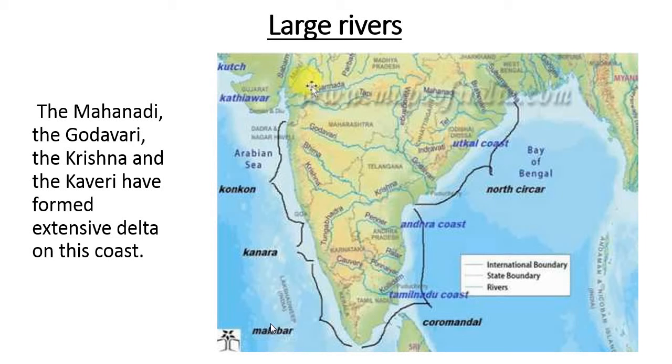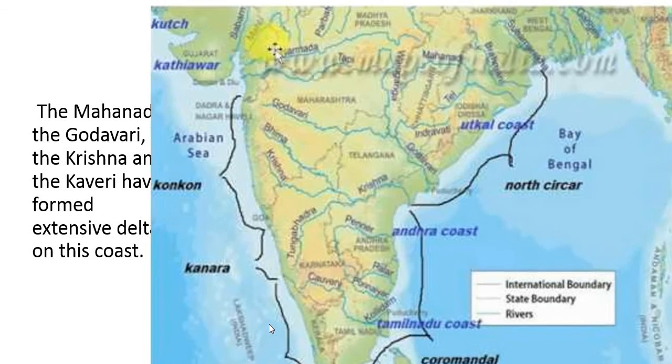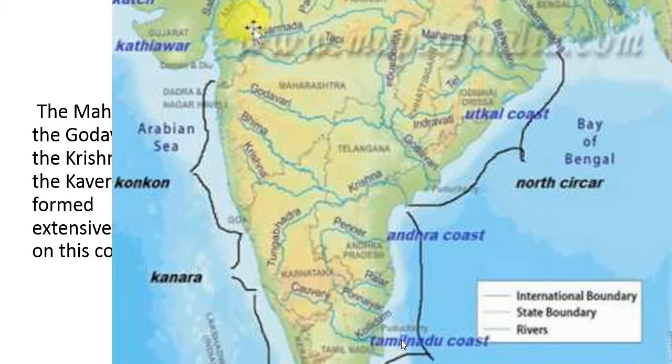In the eastern coastal region, here is the Coromandel coast, the Kaveri river, Krishna river, Godavari river, Mahanadi river. All these rivers come from the western side and go towards the eastern side and finally reach the Bay of Bengal.